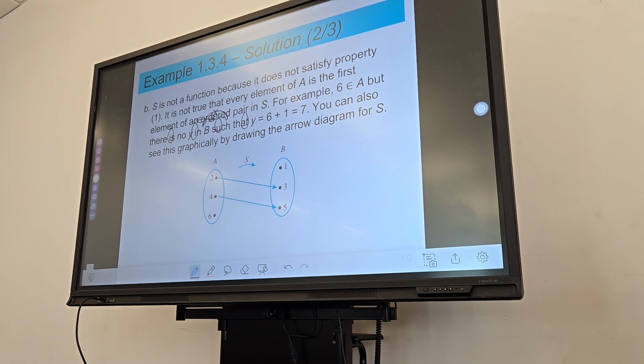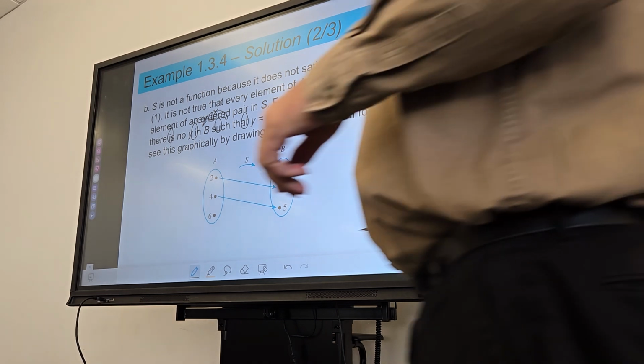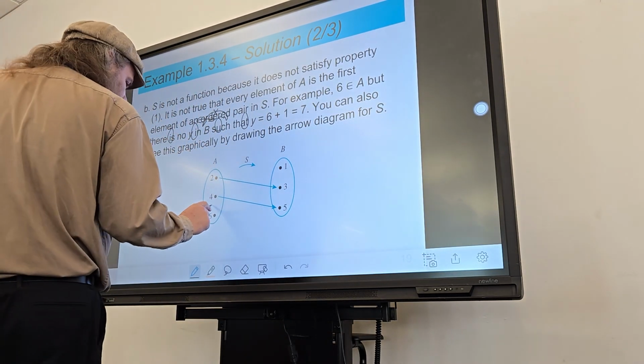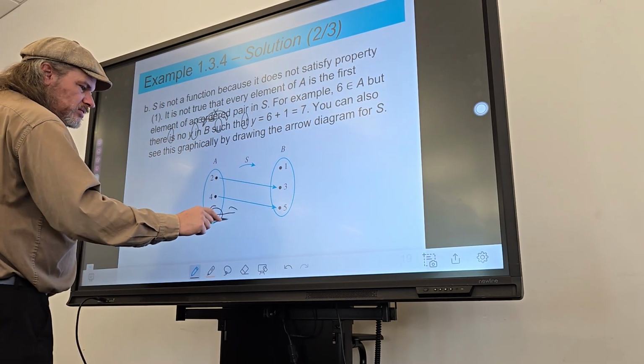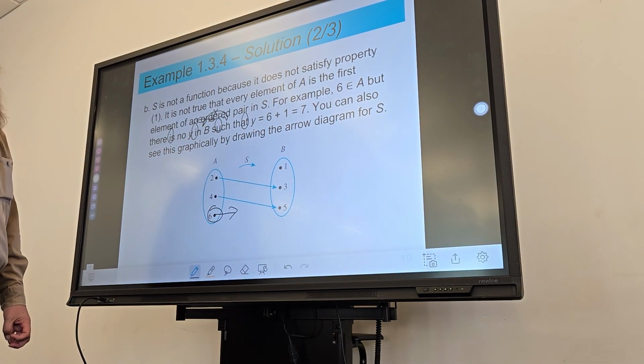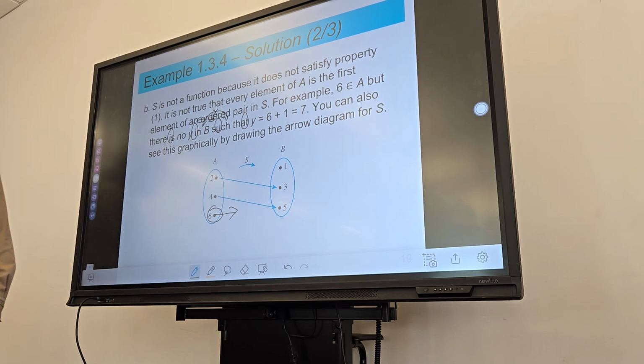You can also see this graphically by drawing the arrow diagram for S. See, there's no arrow going from 6 to any element in B. So it is not a function.